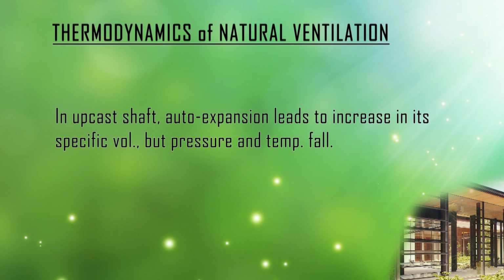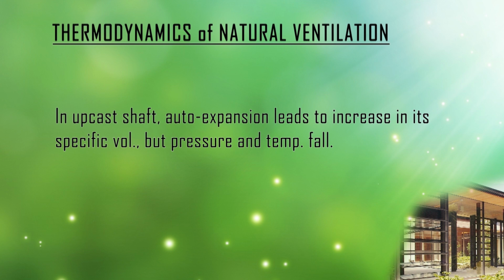In the upcast shaft, auto expansion takes place, and that leads to an increase in its specific volume, but pressure and temperature become low, because due to auto expansion it is also an adiabatic process.